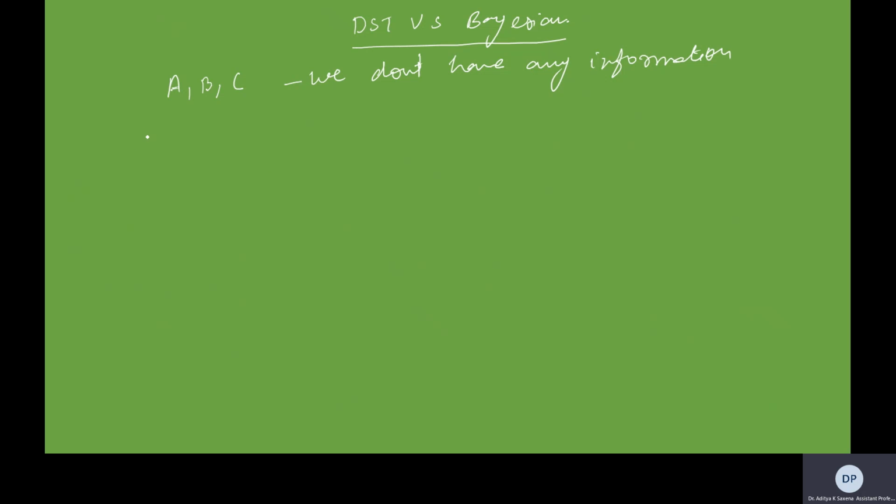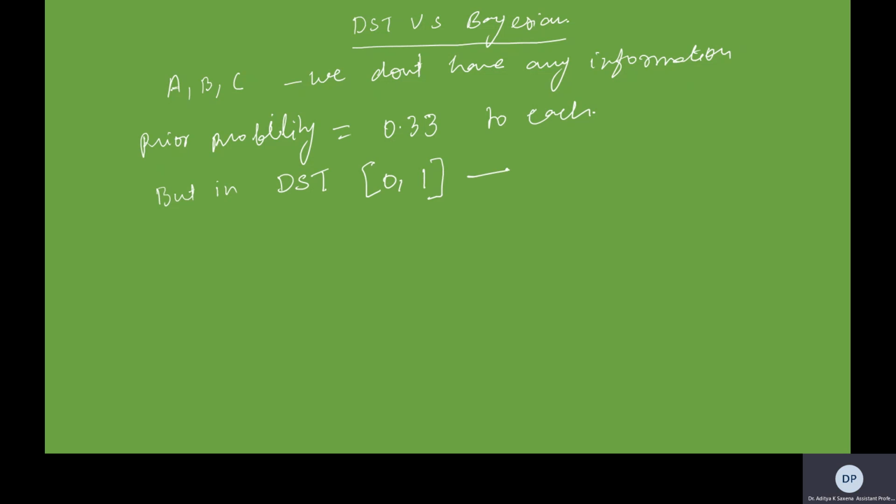In Bayesian, we give a prior probability of 0.33 to each one. But in DST, we have an interval of 0 to 1, that is total ignorance. We don't know which hypothesis will have any impact. Total ignorance.